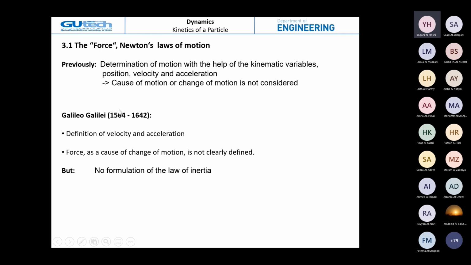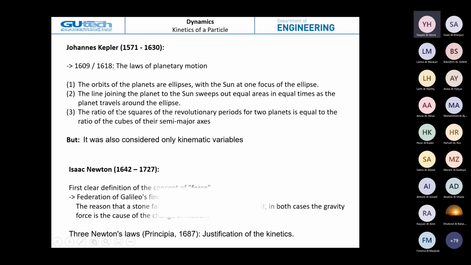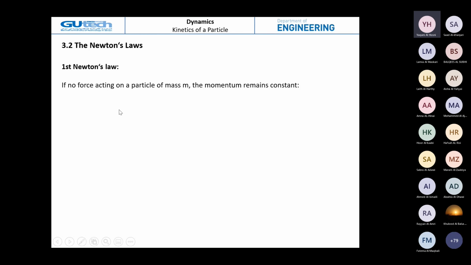Now, coming from this abstraction, we have what we call the Newton laws. There is the first Newton law: if no force acts on a particle of mass m, the momentum remains constant.